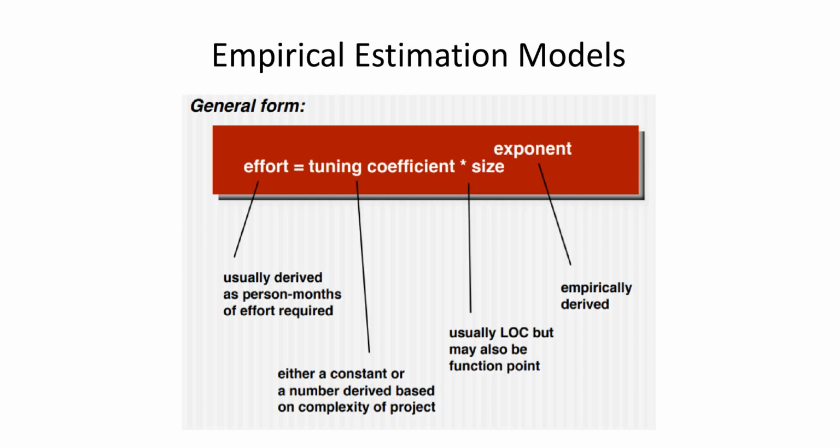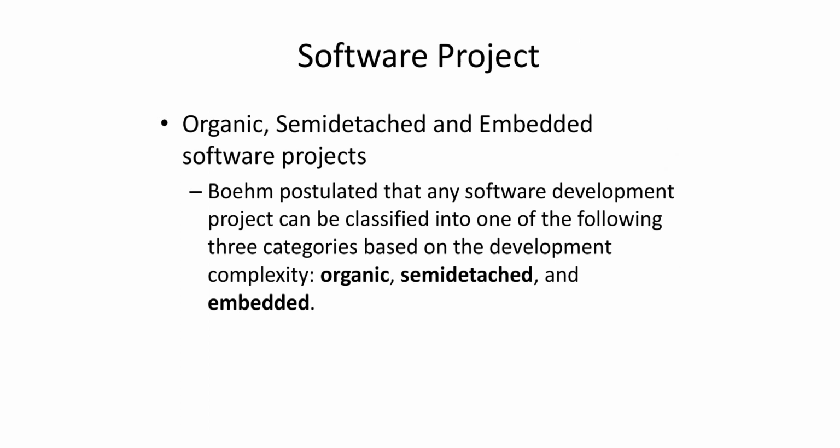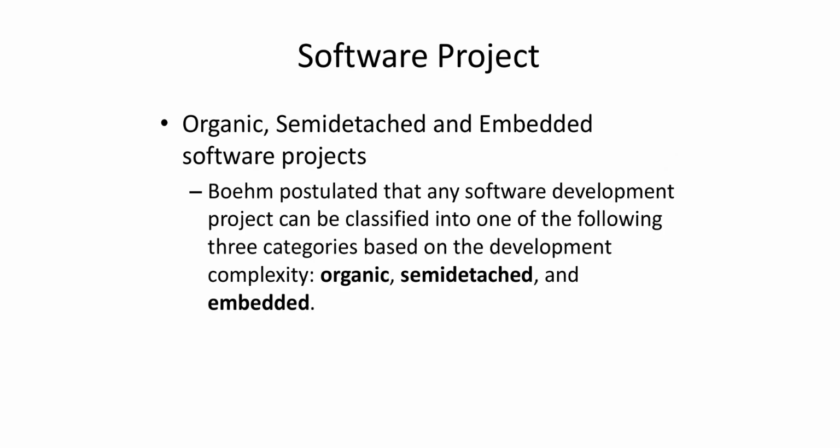This empirical estimation was used in reference to the most general type of software projects. The general types of projects can be classified into three broad categories: one is called organic, one is semi-detached, and one is embedded.